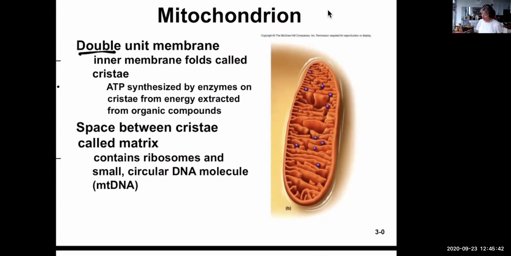It's a double unit membrane. It's thought that eukaryotes arose from prokaryotes when they engulfed, through phagocytosis, other prokaryotes. So one of those prokaryotes might have looked like a mitochondria capable of providing a lot of energy.